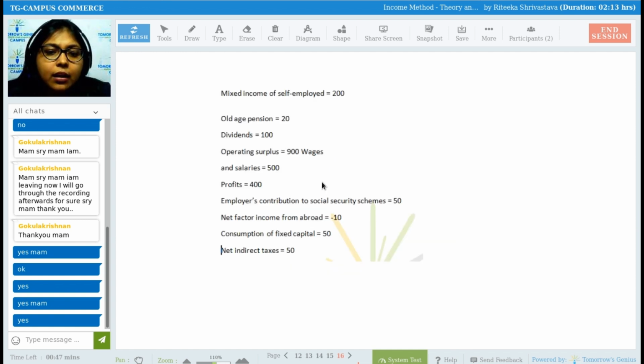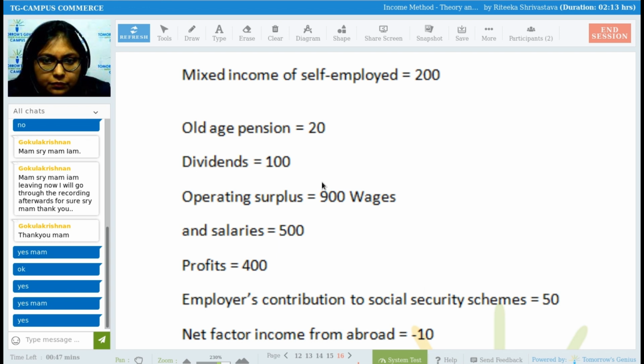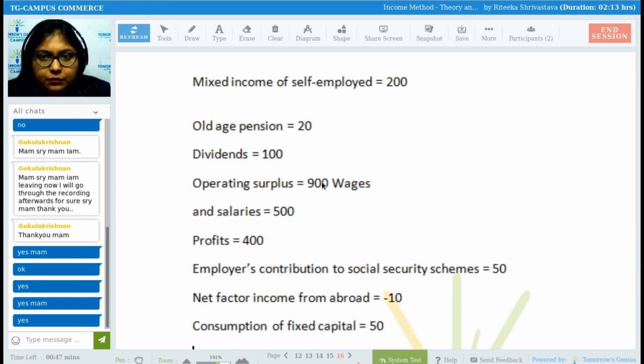This is the question. You have to calculate national income. So, do you remember what was the national income's aggregate?